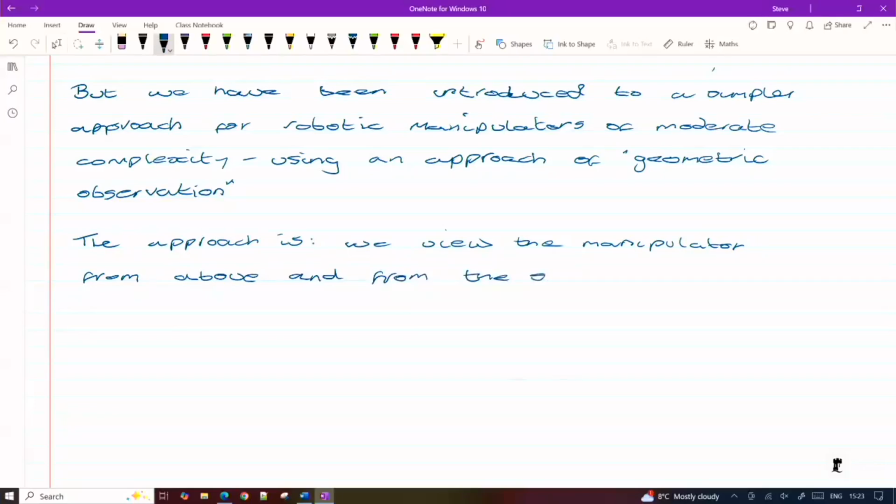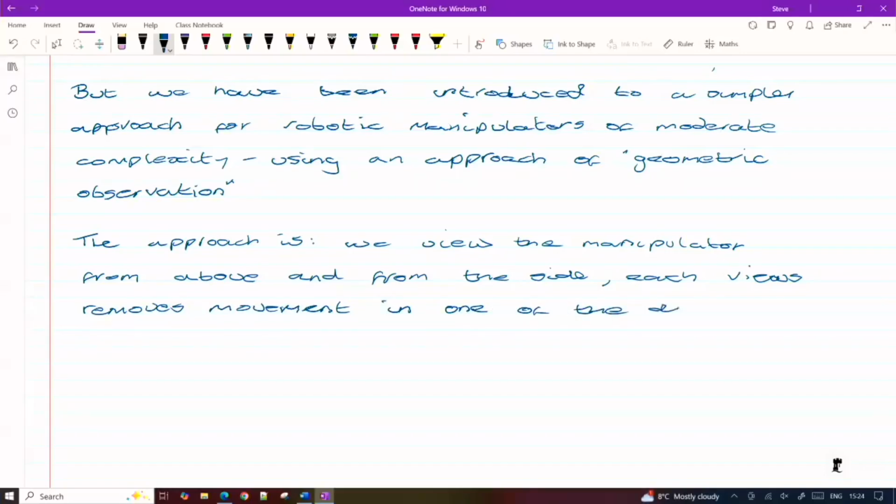So a view from above and from the side, each of the views removes your view of movement in one of the dimensions.